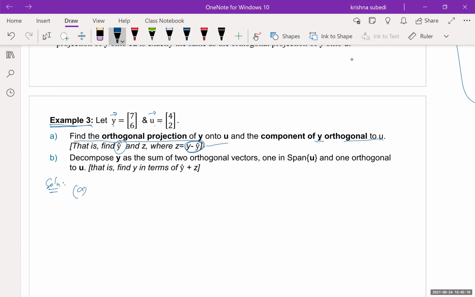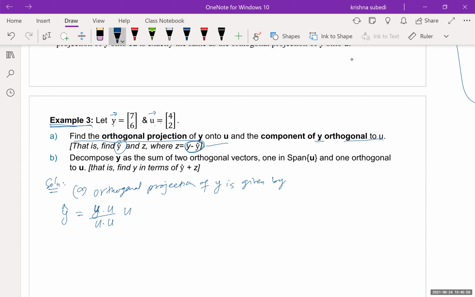So the orthogonal projection of y is given by y hat, and we already know the formula, right? Y hat is y dot u over u dot u.